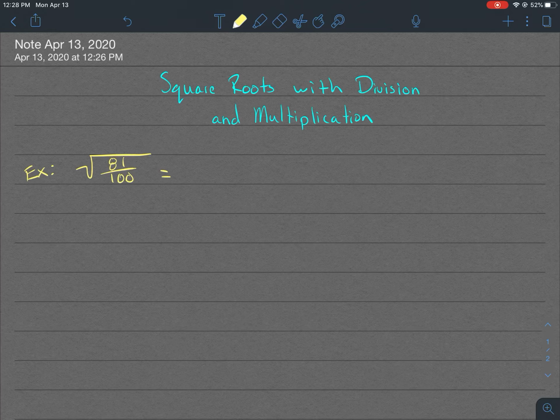If that's the case, you could break it apart and say that it's the square root of 81 over the square root of 100. Okay, and the square root of 81 is the same thing as 9, and the square root of 100 is the same thing as 10. So you're all done. That's it.